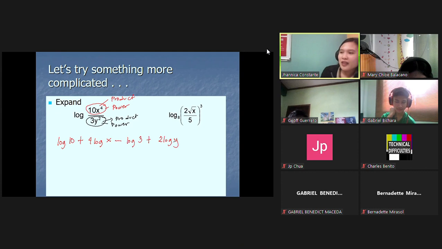So that is the expanded form of our function 10x to the fourth power over 3y squared. So we have logarithmic 10 plus 4 logarithmic of x minus logarithmic 3 plus 2 logarithmic y.